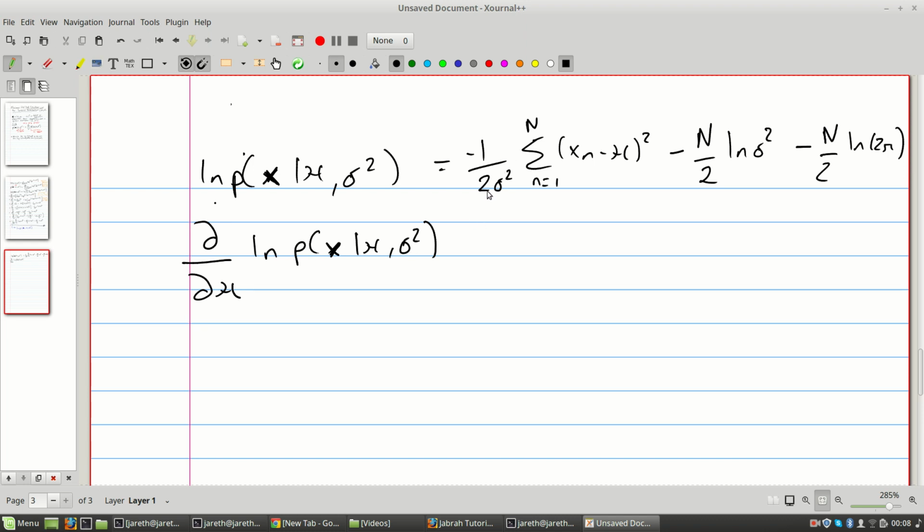So after actually taking this derivative, let's look at the terms here that actually depend on this mu. So this is equal to the derivative with respect to mu of minus 1 over 2 sigma squared, summation from n equals 1 up to N of (xn minus mu) squared.